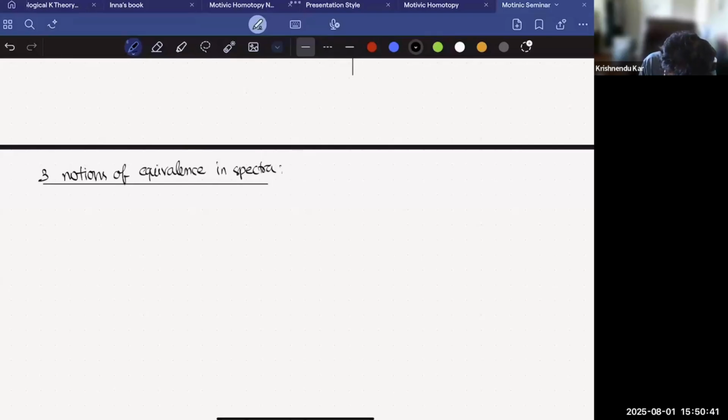Your first candidate is, okay, let's start with this candidate, homotopy equivalence first. I'm switching my notes.